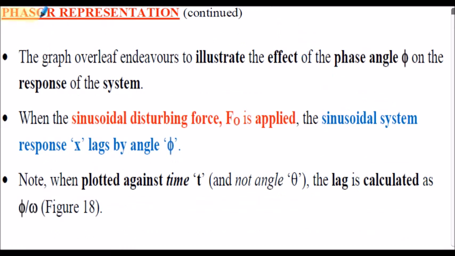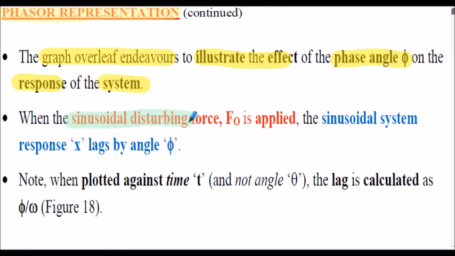Phasor representation continued. The graph over the page endeavours to illustrate the effect of phase angle phi on the response of our damped mass spring system. When the sinusoidal disturbing force F0 is applied to our system, the sinusoidal system response, displacement x, is shown to lag by angle phi.